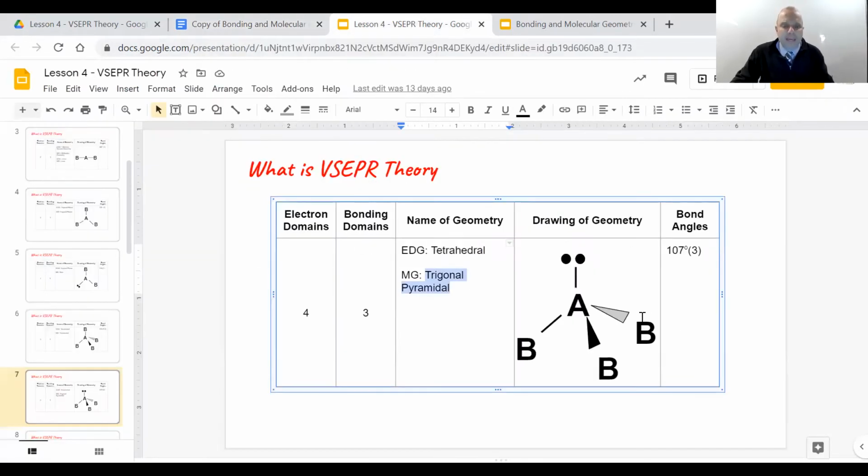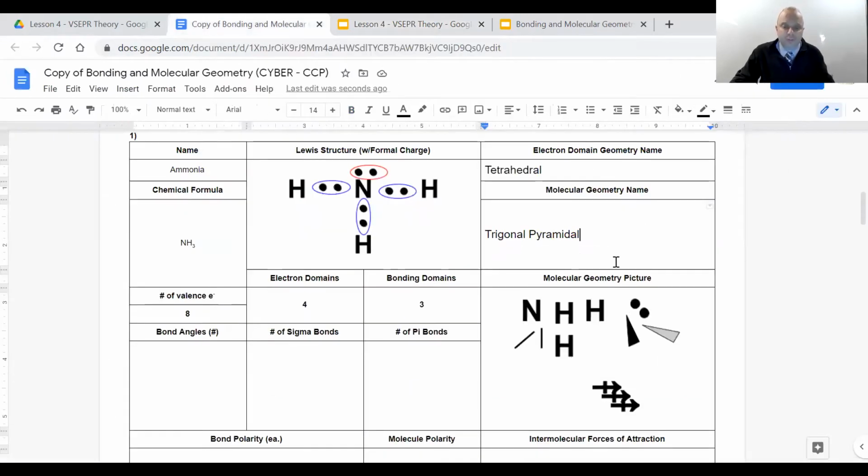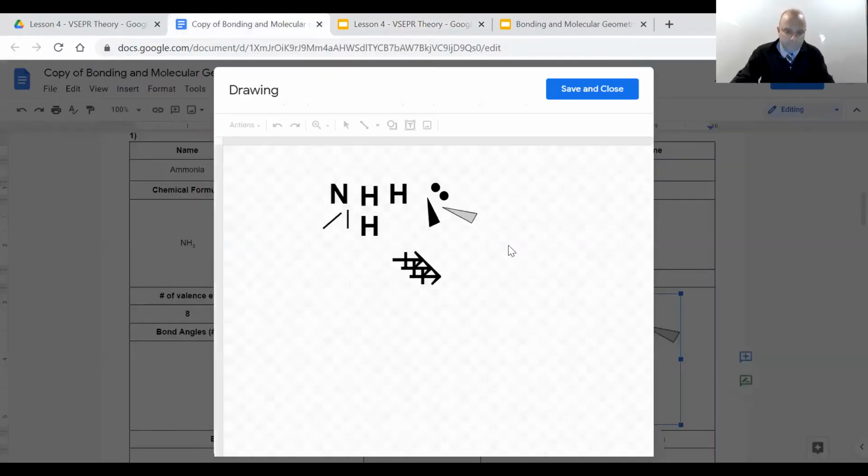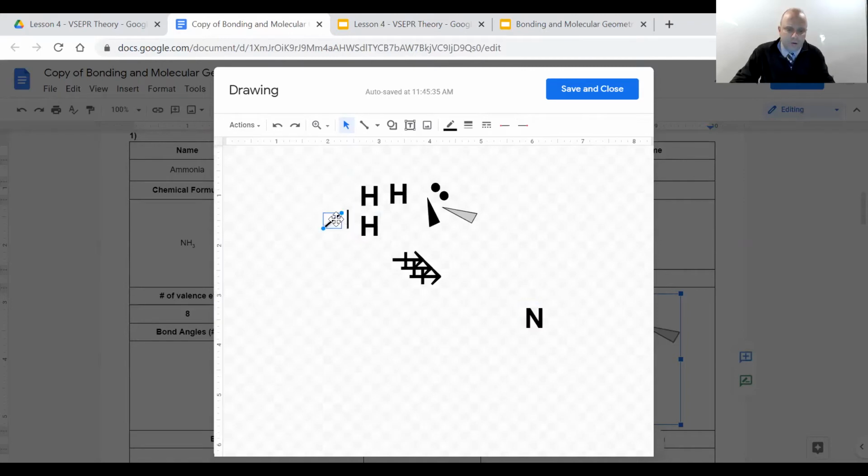And now I'm going to make my drawing look just like this. So A will be our nitrogen atom, and then the 3 B's will be our 3 hydrogens. So I'm going to double click. I'm going to start off by putting our nitrogen in the center. We're going to put our bonds in place here so we know where to put everything. We have 1 going down and to the left, 1 going up.